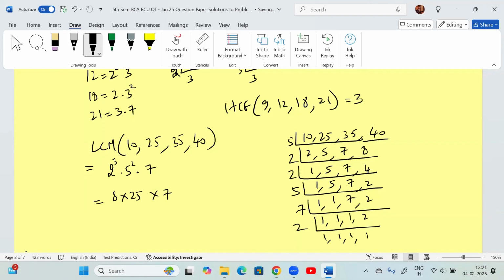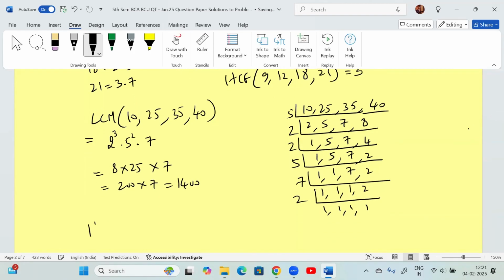So it becomes 200 into 7. We get 1400. Therefore, HCF of given fractions will be HCF of the numerators, which is 3, over LCM of the denominators, 1400. That is the solution for this question.